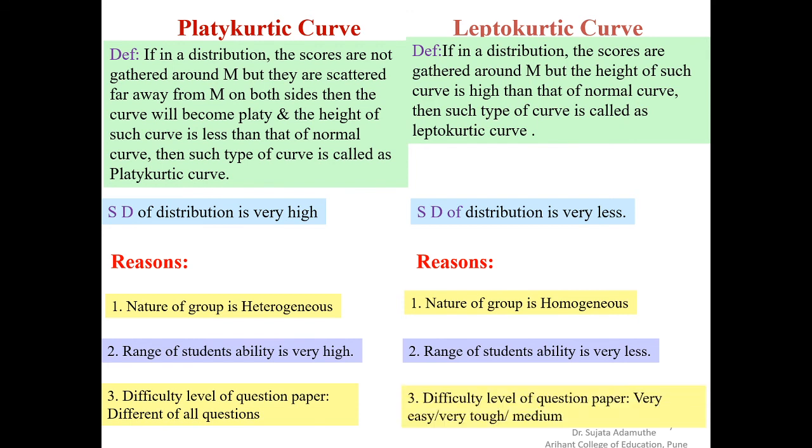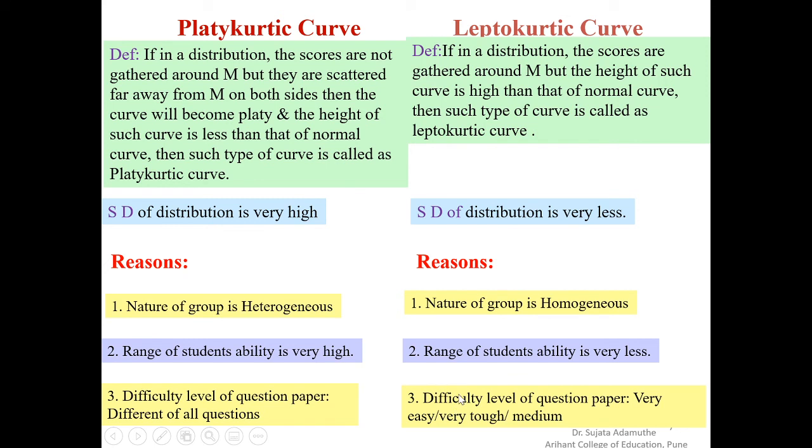If a very easy question paper is there, then students will get more score, and the leptokurtic curve will shift to the right side. If a very tough question paper is there, then the curve will shift to the left side, because the students will get fewer marks. And if all the questions are of the same medium type, the difficulty level of the question paper is medium, then it will come at the center.